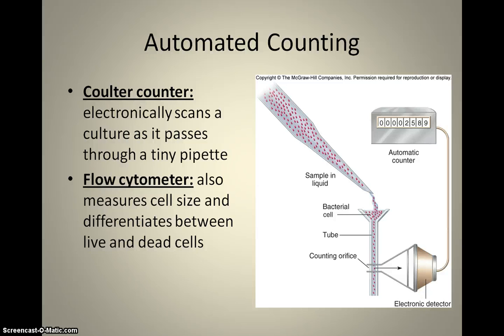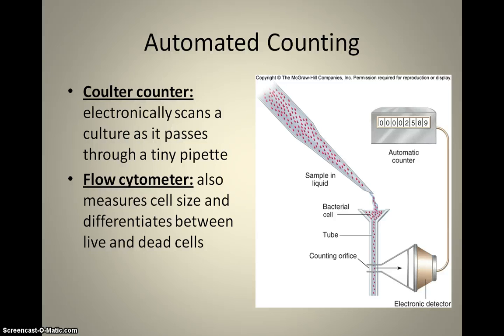Another way is by either a Coulter counter or a flow cytometer, and these work in similar ways. We are able to design pipettes that are very, very tiny, about cell size, so they only allow one cell to pass through at a time, and we count the cells as they pass through using an electronic device.